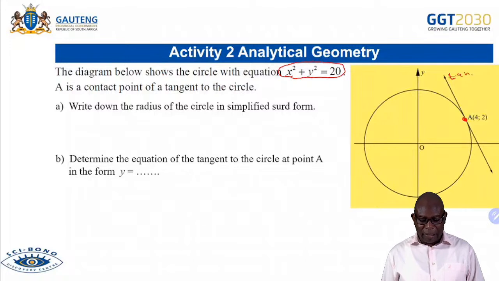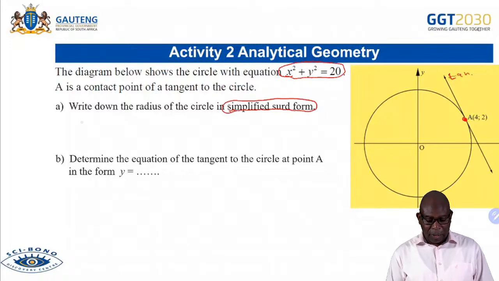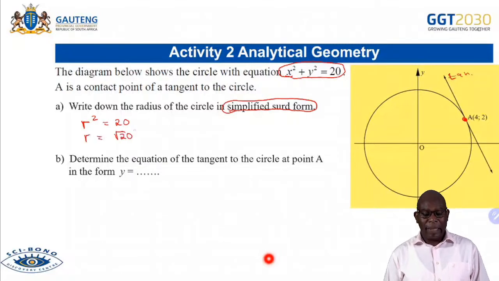Write down the radius of the circle in simplified surd form. Please, let's adhere to what has been asked. If they say in simplified surd form, you must write it in simplified surd form. Because the radius squared equals 20, the radius will be the square root of 20. But this is not in a simplified form.